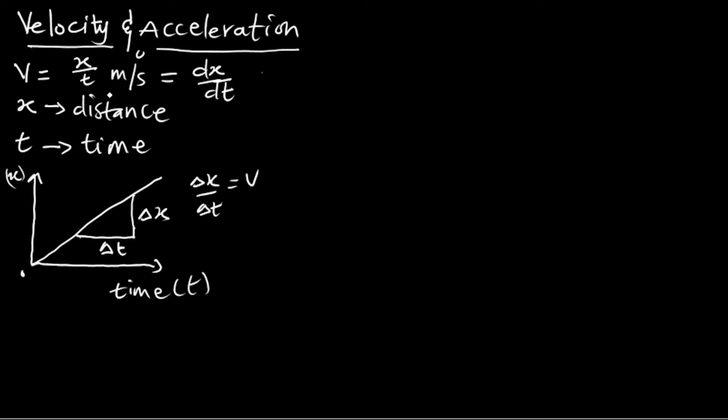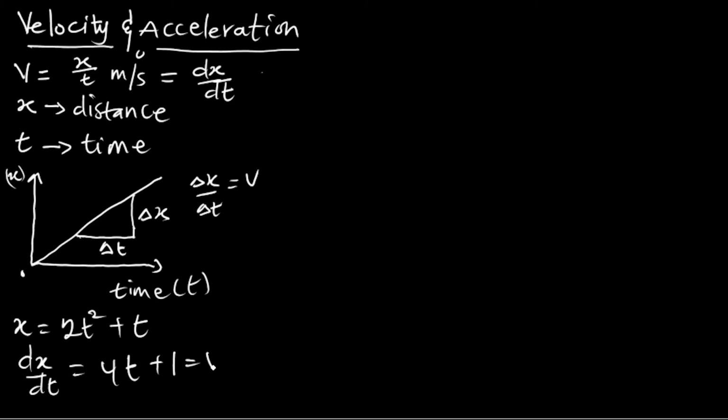So the first derivative of x, let's assume of 2t squared plus t with respect to time. This is distance in terms of time. Our dx/dt will now be 4t plus 1. This becomes our velocity equation. So we can determine the velocity at any given time.